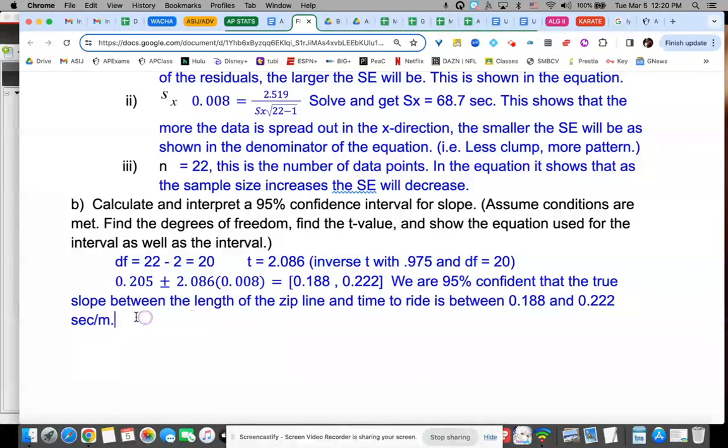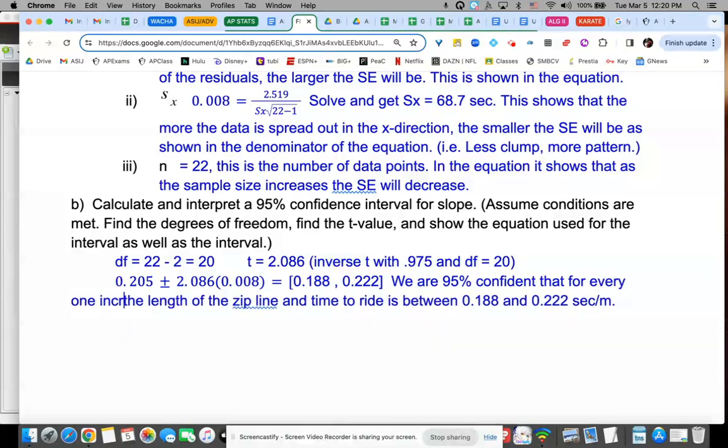So for every increase of 1 meter, right? So that for every one increase in the length of the zip line, 1 meter increase, sorry. Just see, this is what you got to think about, right? Units and all that.